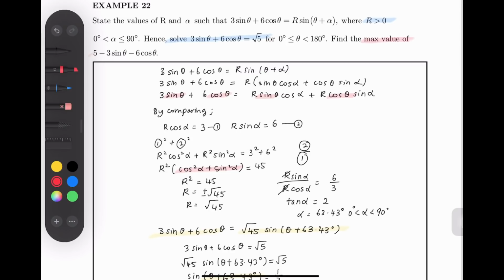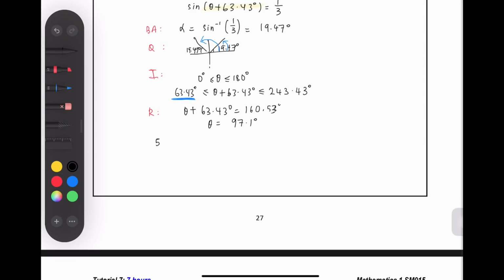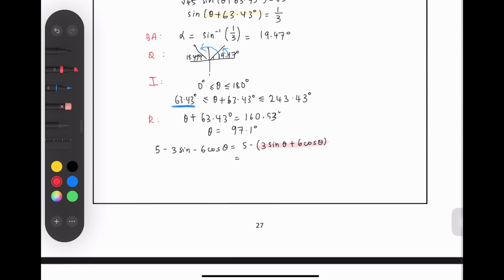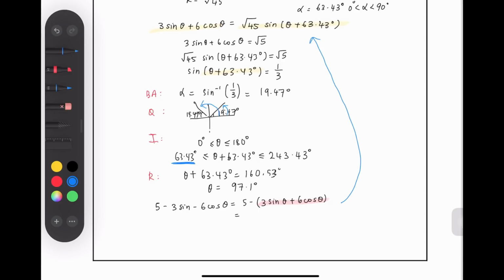Next, we need to find the maximum value of 5 minus 3 sin theta minus 6 cos theta. So 5 minus 3 sin theta minus 6 cos theta can be simplified into 5 minus (3 sin theta plus 6 cos theta). And if you notice this, it's basically the same as the previous one that we found in the first part.